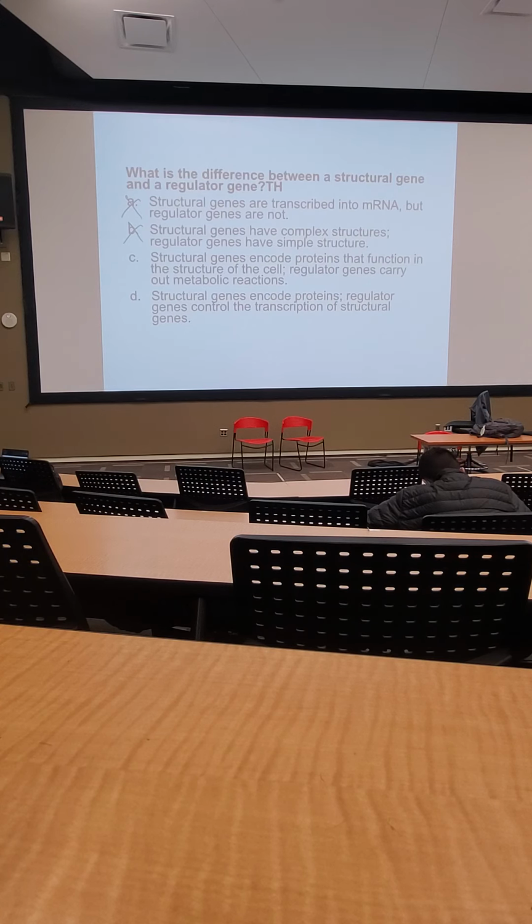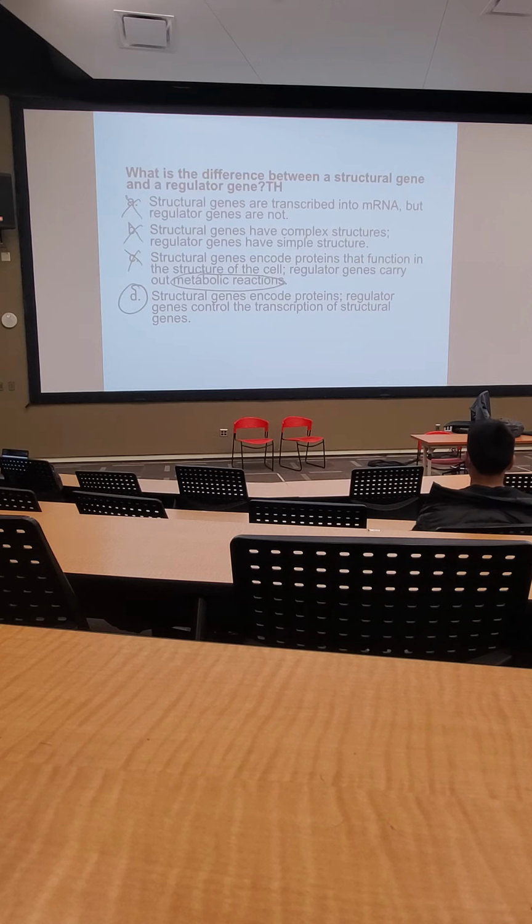I think this is the key part that I can rule out C. Regulator genes are not doing metabolism. They're not a catalyst. They are interacting with DNA. I think that's what someone put in the chat, right? It's binding to DNA at the operator of an operon. It's not going to do a reaction. So that rules out C, so the best answer here is D. Any questions on that? They're both proteins, so that's why this question is not the best.